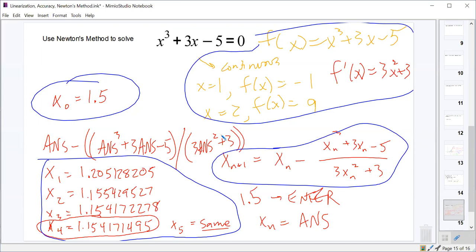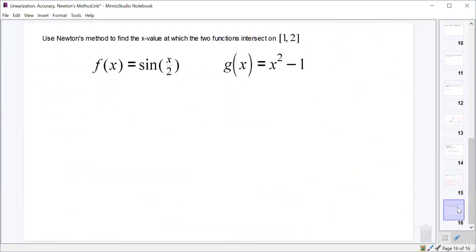Just what's in blue is what I need to see there. Good or no? Great. Wonderful. All right. Let's do another one.